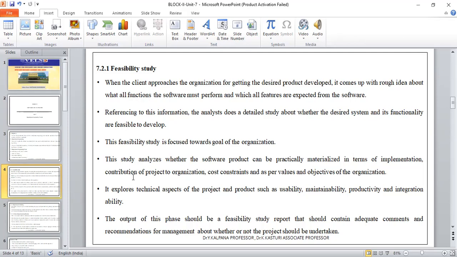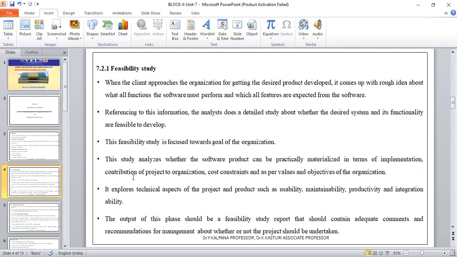The output of this phase should be a feasibility study report that contains adequate comments and recommendations for management about whether or not the project should be undertaken. The client will have a meeting with the technical team of the software development team only after this feasibility study, on whether the project is economically, technically, and operationally feasible.